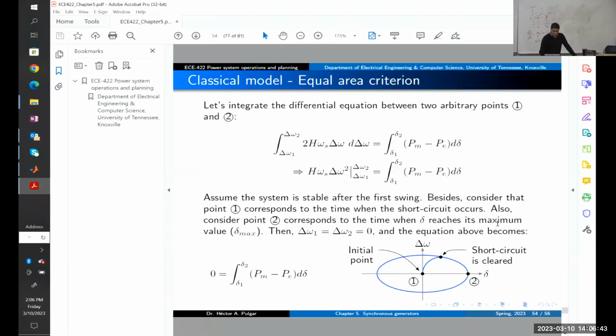We will check what these points are later. But if we get the integral of this between these 2 points, because this is an integral using the differential of delta omega, this needs to go from delta omega 1 to delta omega 2, from point 1 to point 2. And this side of the equation is the differential of the angle, so this needs to go from delta 1 to delta 2, the angles from those points 1 and 2. Then we get this relationship.